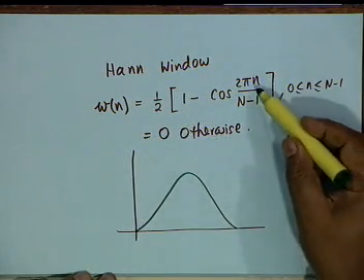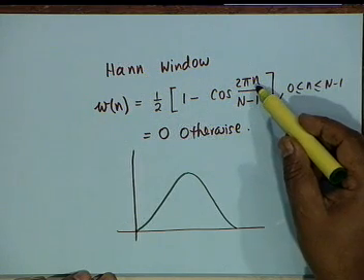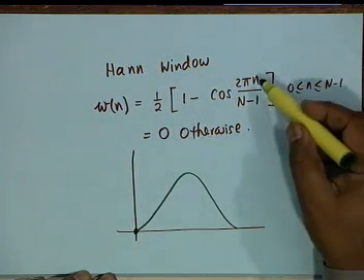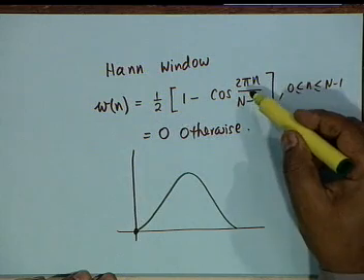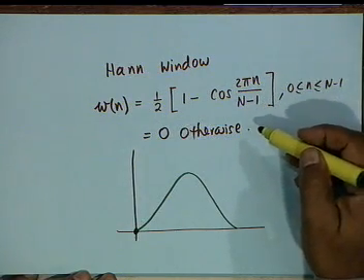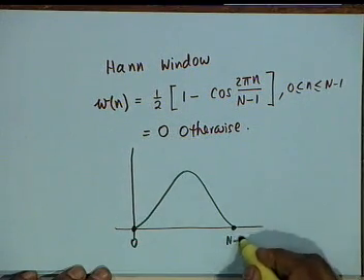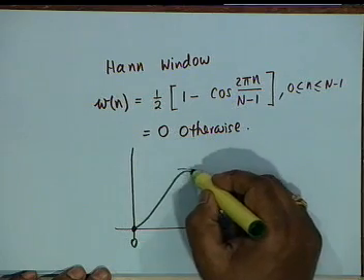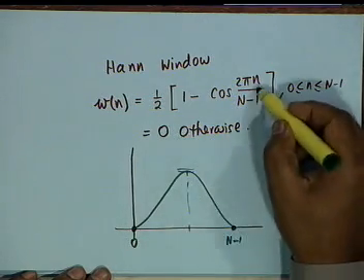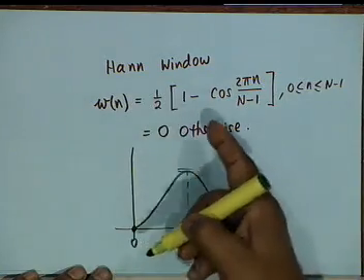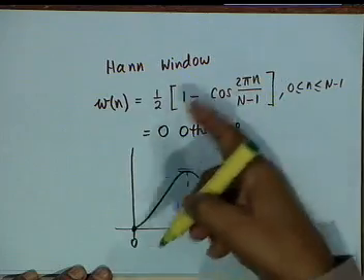You notice that for small n equal to 0, the value is 0, and for small n equal to N minus 1, again the value is 0. Therefore, the end points are 0. The maximum occurs when this quantity is equal to pi. Cosine pi is minus 1, so 1 minus cosine pi will be 1 minus minus 1, that is 2, and 2 by 2 is 1.